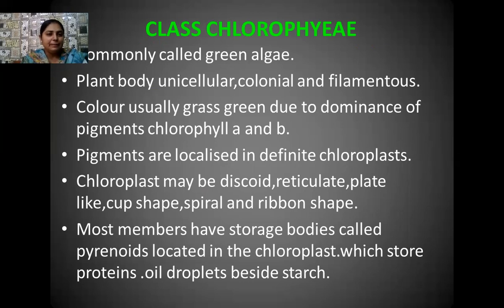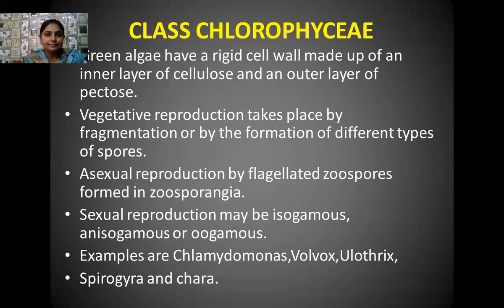Most of the members have storage bodies for storing the reserve food material made during photosynthesis. A variety of reserve food materials such as starch, oils, and proteins are generally stored in the storage bodies known as pyrenoids. And these pyrenoids are actually present in the chloroplast.